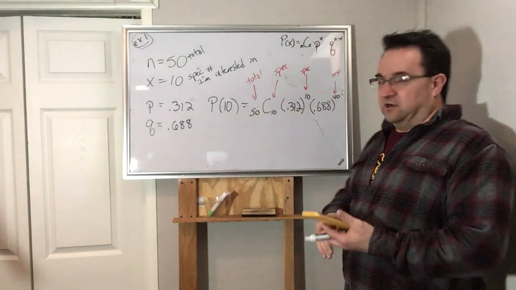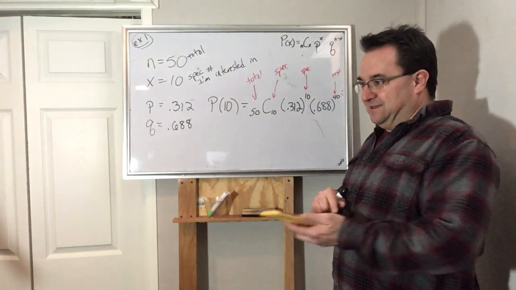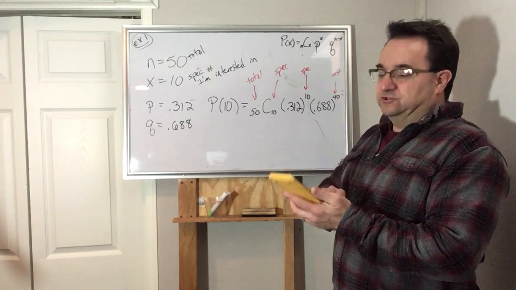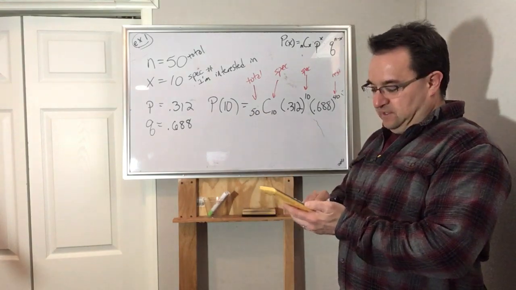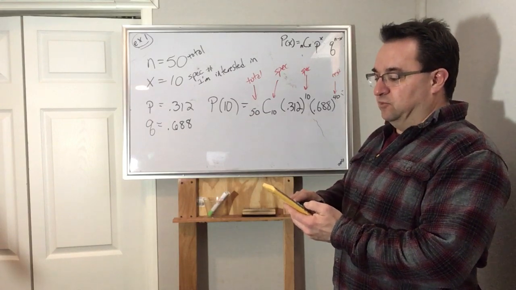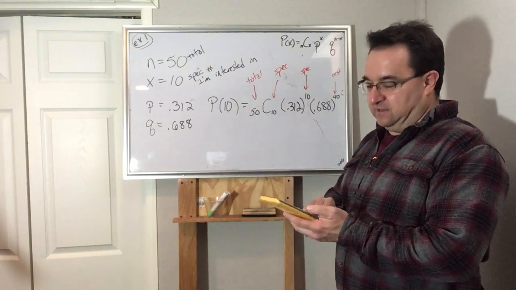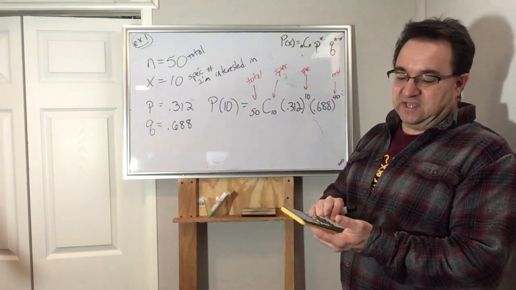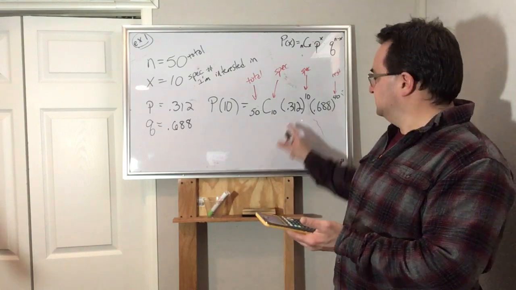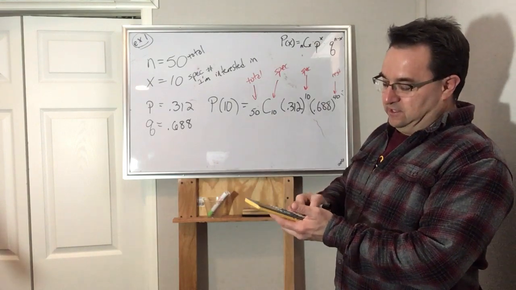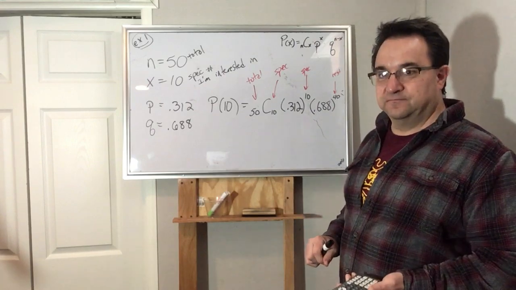Once all the numbers are there, all I have to do is punch this in my calculator. So I already kind of did it, but I'll just do it and talk while I'm going through it. I'm pressing 50, math, moving over to probability and picking NCR. Now I'm pressing 10. Now the way I do it is I'm going to press enter right now. I get a really big number. Then I press times, and I'm just going to put 0.312 to the 10th, and press enter again.